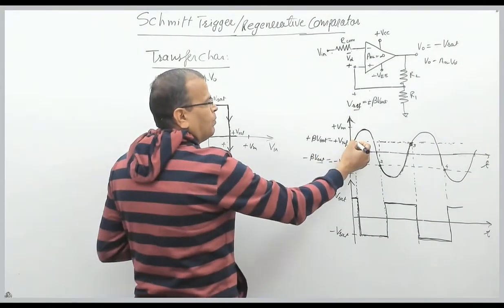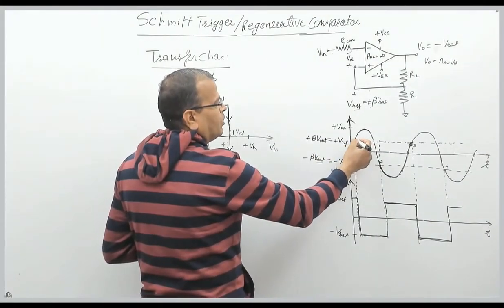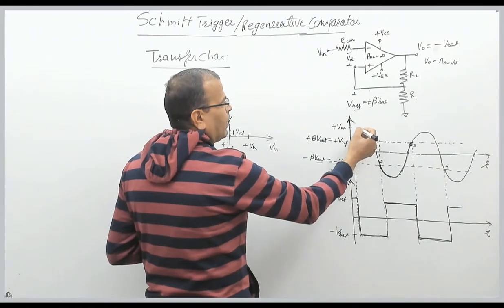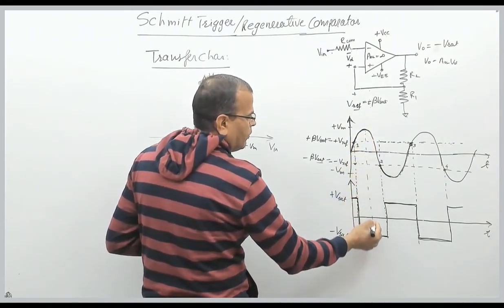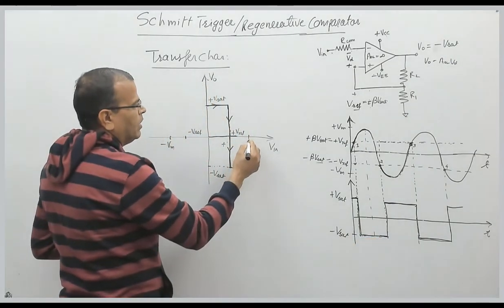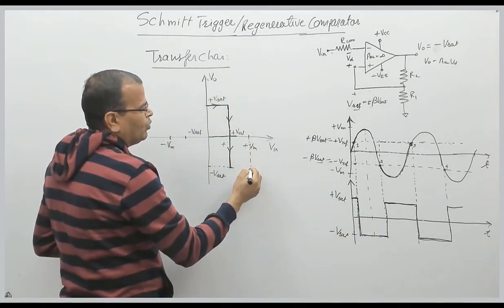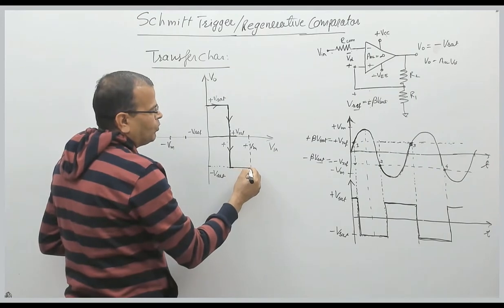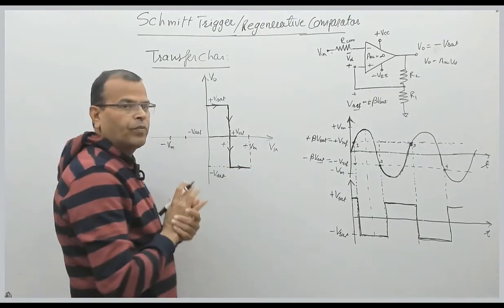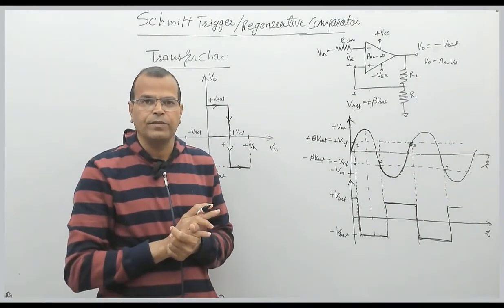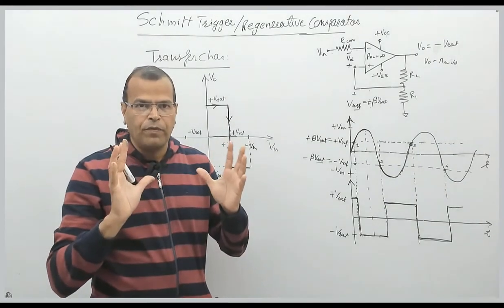Now as input voltage is going to its peak value, output voltage up to this point, you can see carefully, is minus Vset. So when input voltage is going to its peak value, output voltage remains minus Vset, right? I hope the funda is clear.